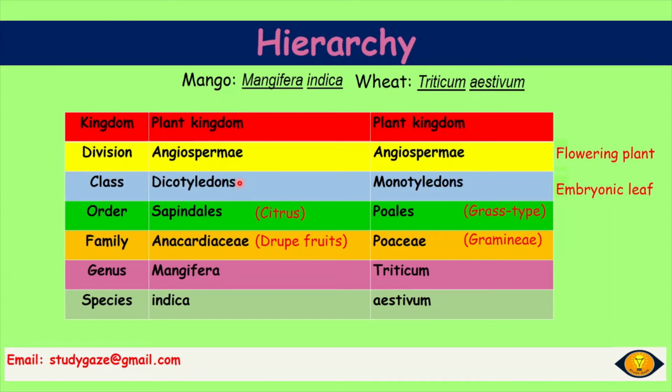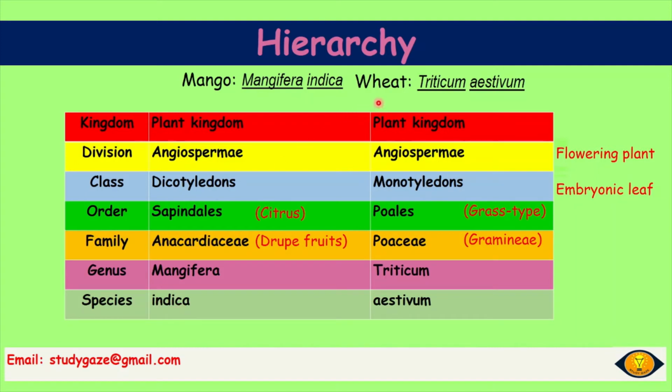Dicotyledonous means the embryonic leaf has two cotyledons. Order is Sapindales, which represents the citrus fruits. Family is Anacardiaceae, which includes the drupe fruits. Drupe fruits are fleshy fruits having a seed inside. Genus is Mangifera. Species is indica.